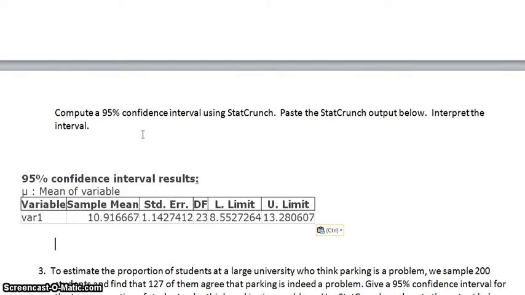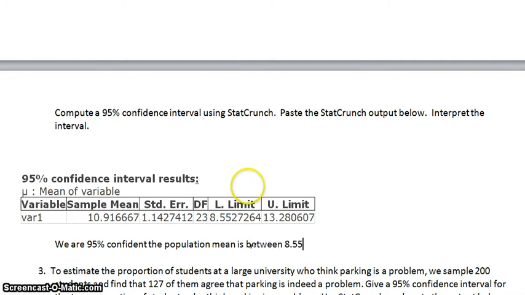And to interpret, that means we are 95% confident the population mean is between 8.5527 and 13.2806.